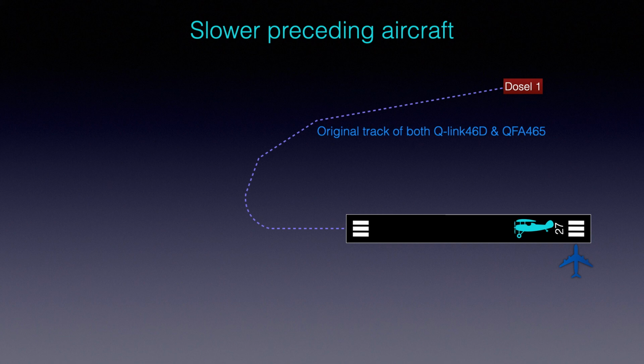That jet is also on the same route, and he's just going to gobble up the Q-Link 46 Delta, and he'll be flying through the other guy's level and probably at less than 3 nautical miles separation. So you're going to get an infringement or a conflict of separation, or you're going to have a separation breakdown.